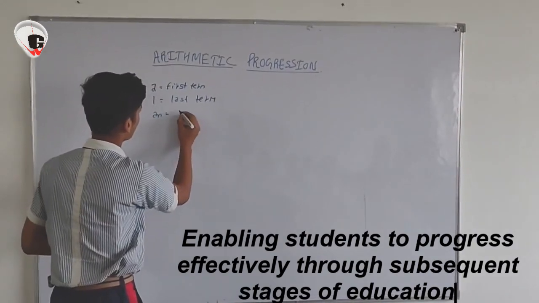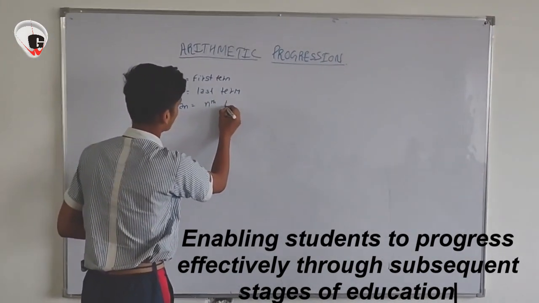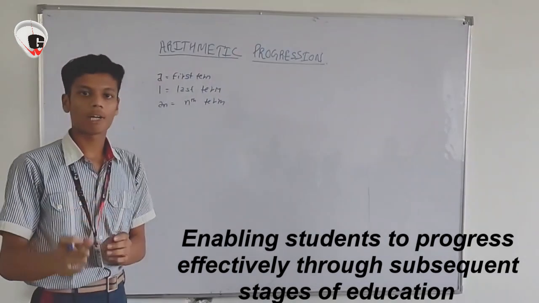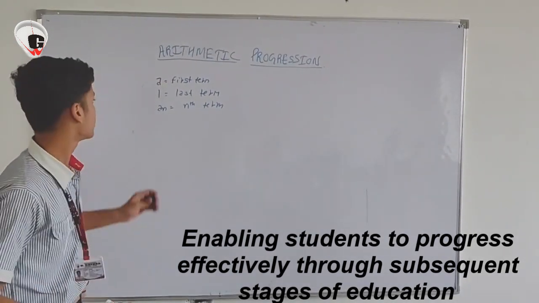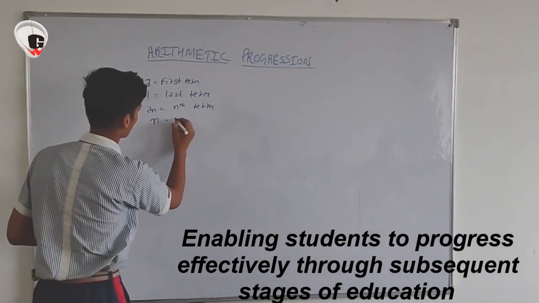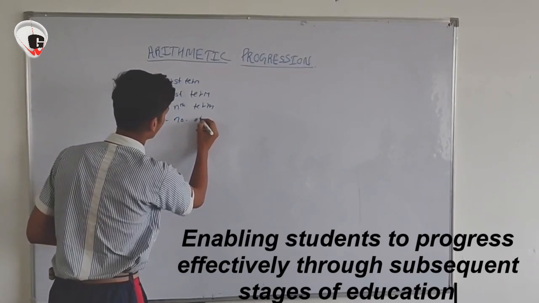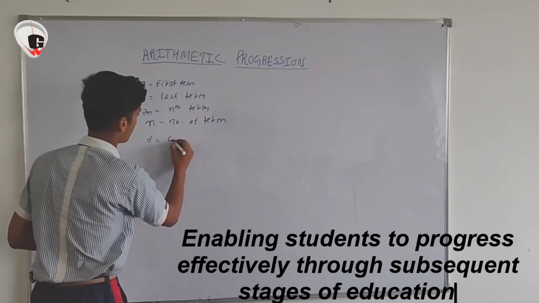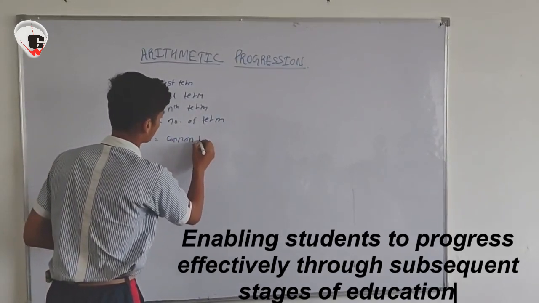An, it is the nth term. An and L are almost the same but not exactly the same; we will see the difference further. Next, N, the number of terms, and T, the common difference.